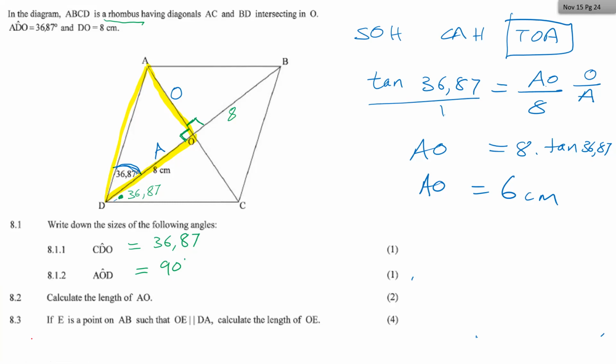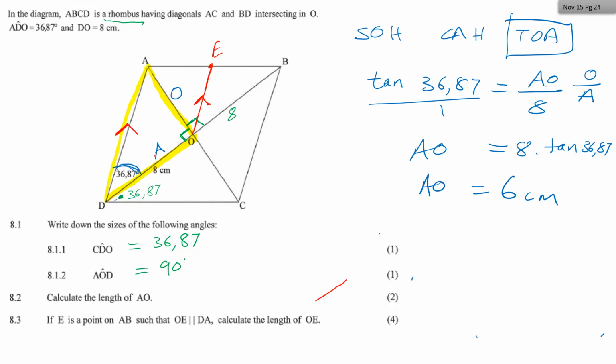So we have a point, E is a point on AB. So we're going to have E sitting there, but it must be parallel to DA. So we got E. So you can see they're telling us that this line is parallel to that.